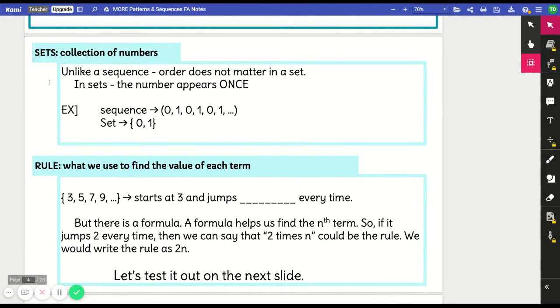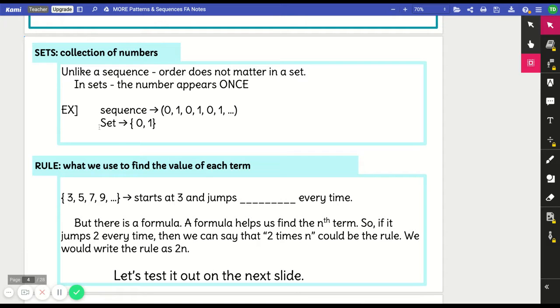Now we have the term sets, and that's just a collection of numbers. So unlike a sequence, order doesn't matter in a set. In sets, the number appears once. So for instance, we have this sequence example, 0, 1, 0, 1, 0, 1, and so on. It keeps on going.